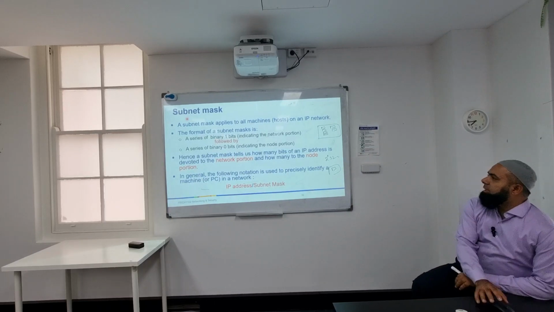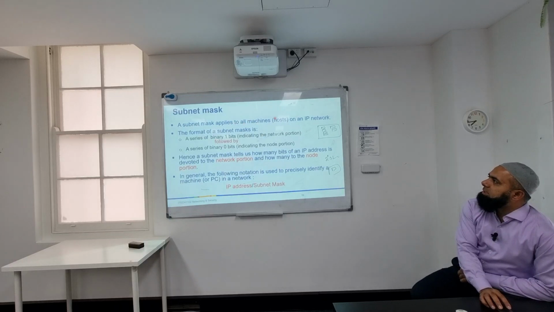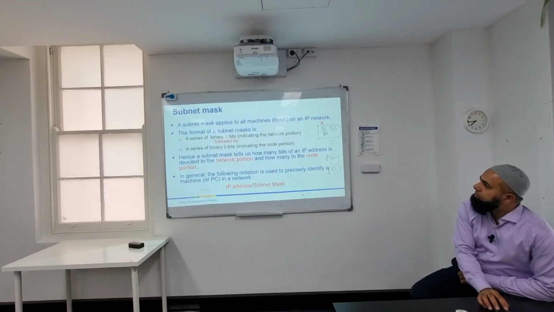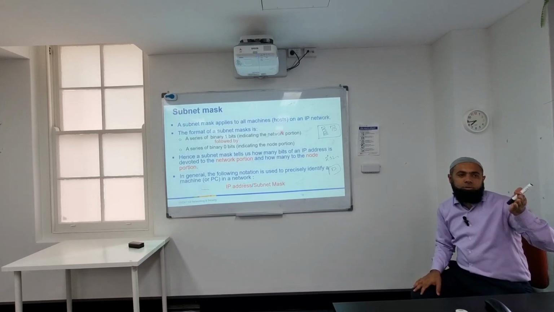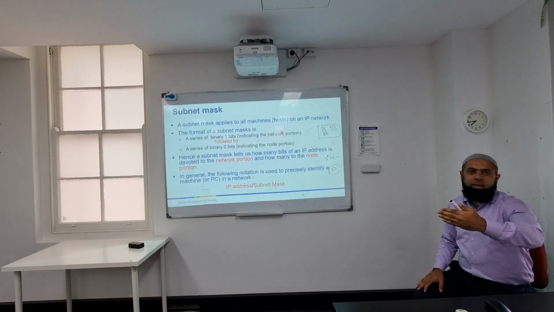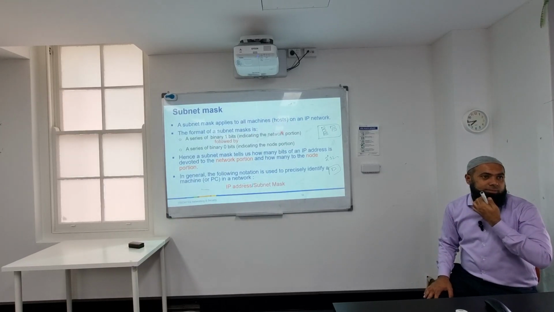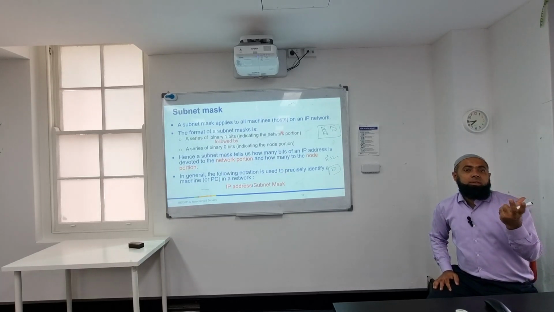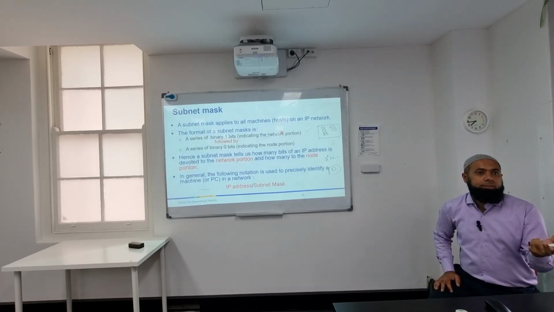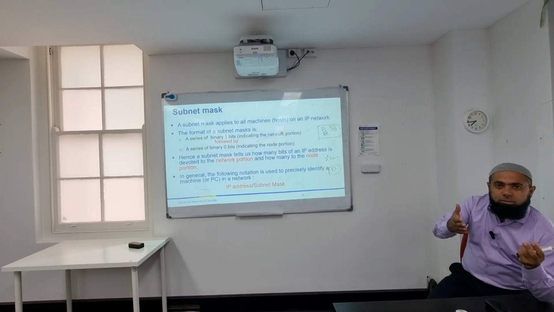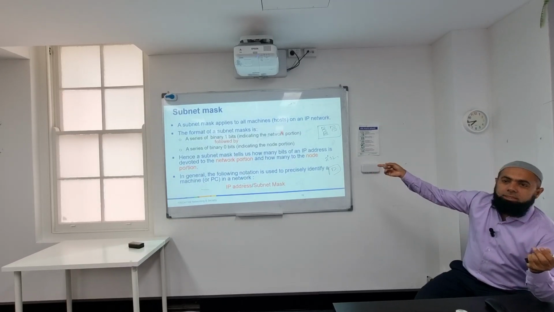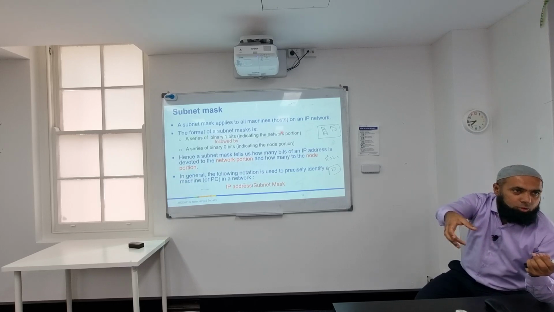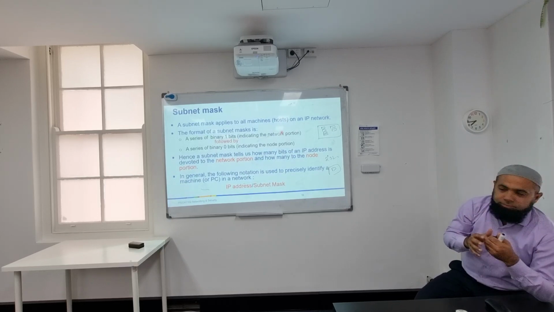So what is subnetting doing? A subnet mask applies to all host machines on an IP network. The format of a subnet mask is a series of binary 1 bits. Again, I told you that the extreme left side bits are the network bits, from where that network is assigned. The extreme right ones are for the node, or that local computer's address.